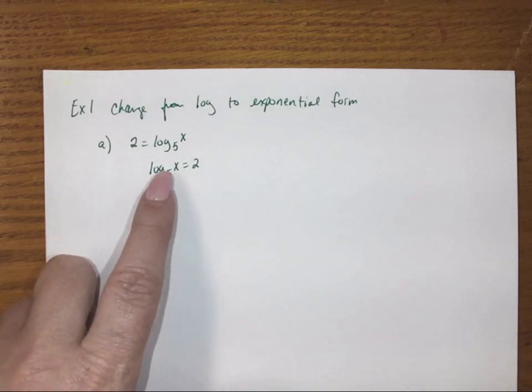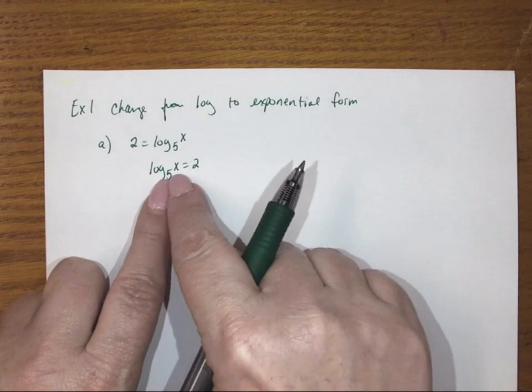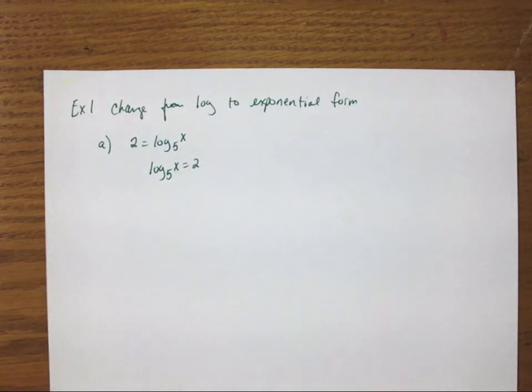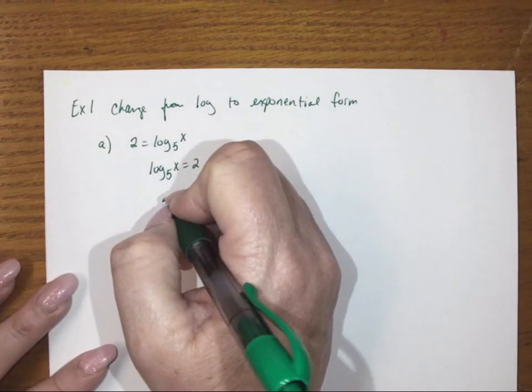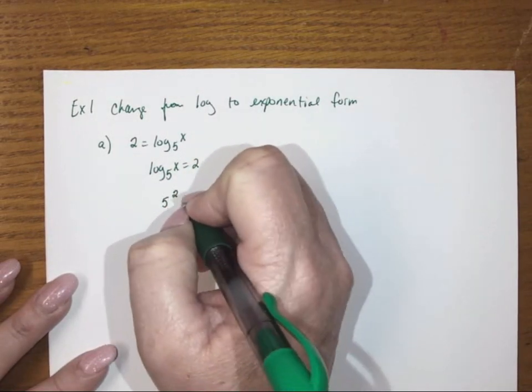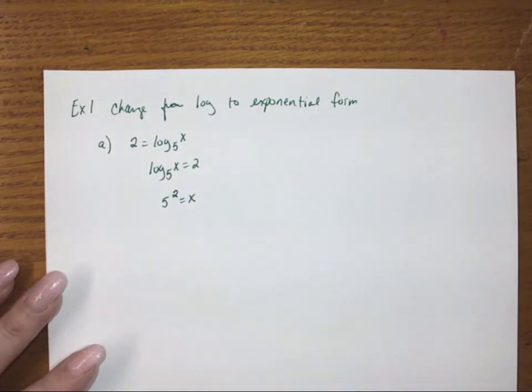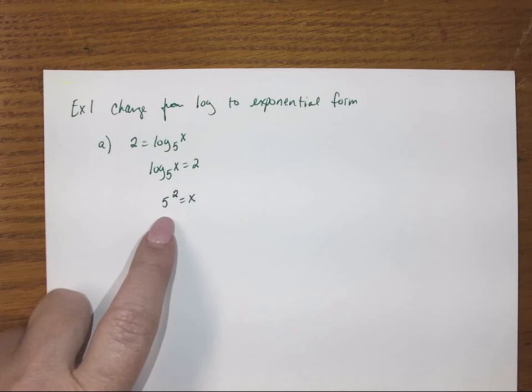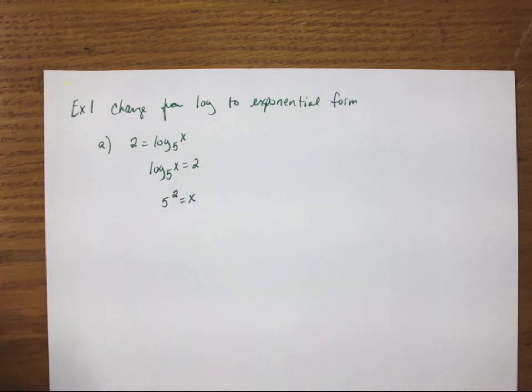But visually, what happens is that we have 5 to the 2 equals x if we change it to exponential. So 5 squared equals x. We're not looking to actually find the value, just what it would look like in exponential form. We do know that 5 squared is 25, but that's not what we're after at the moment.